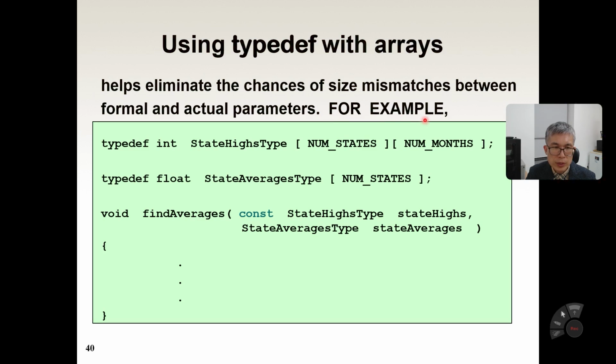For example, typedef int state highs type, which is two-dimensional using the range of states and the range of months, and for state average we can typedef a one-dimensional array. After that, we can call find averages with state highs and state average, like simple types, but these are arrays.